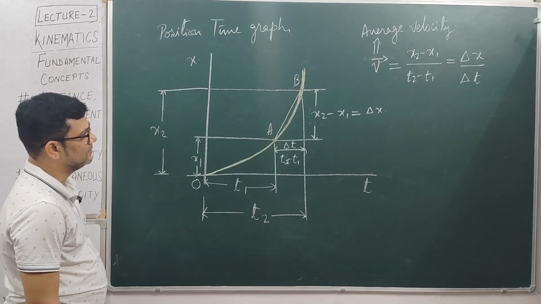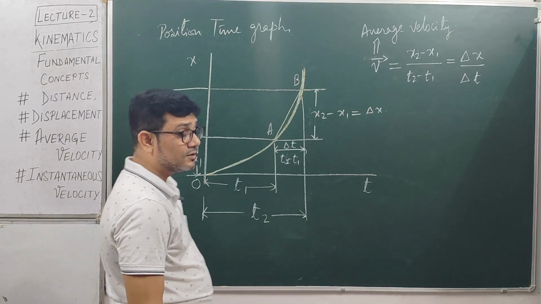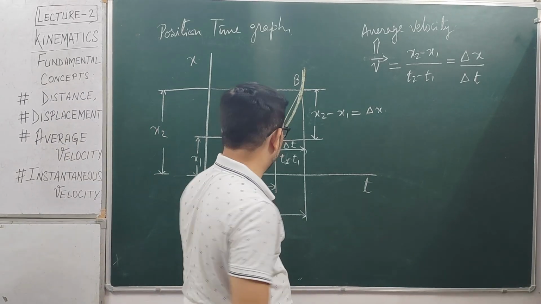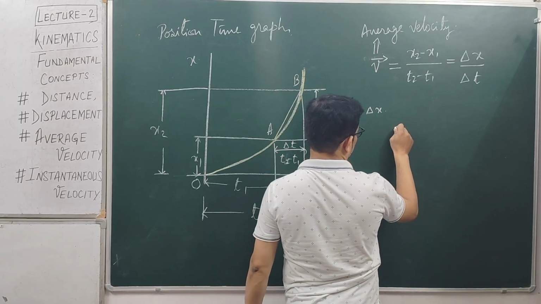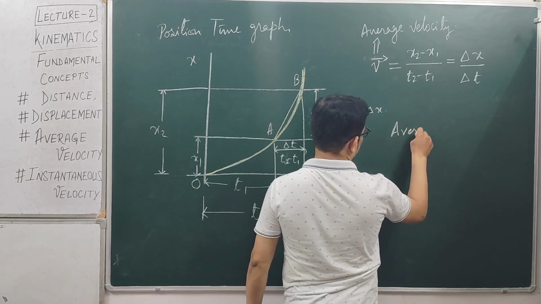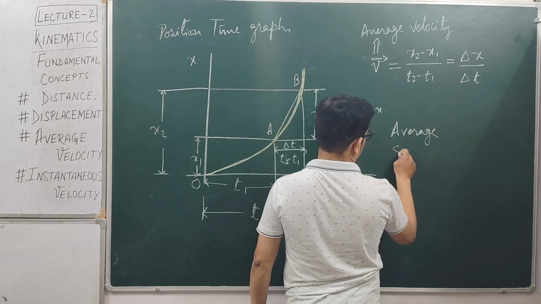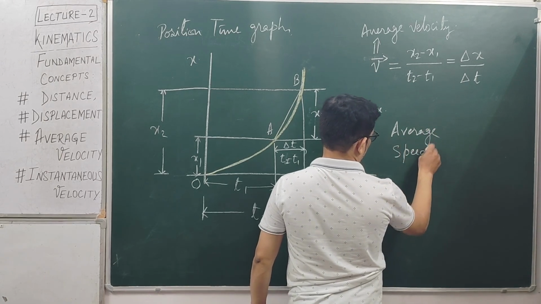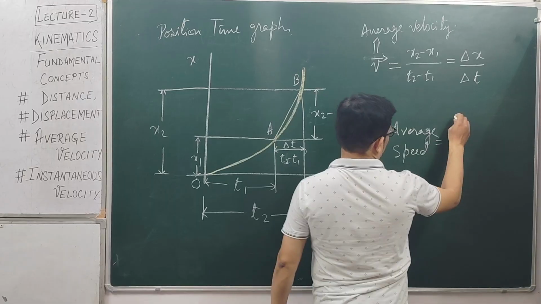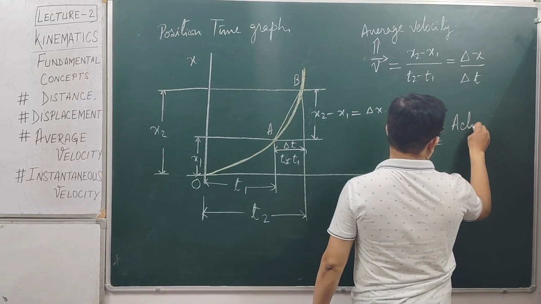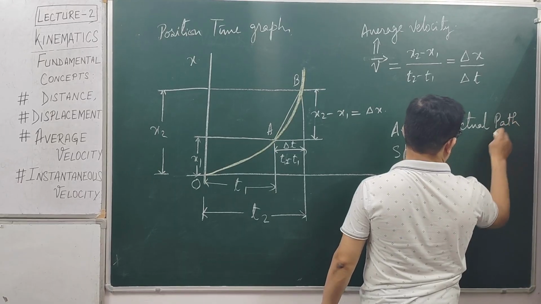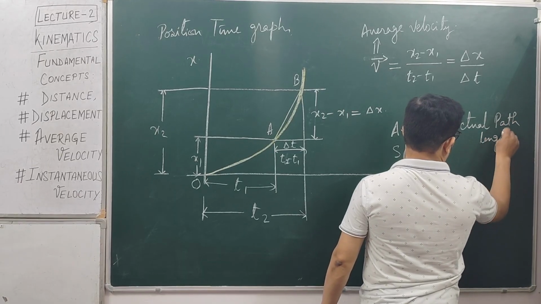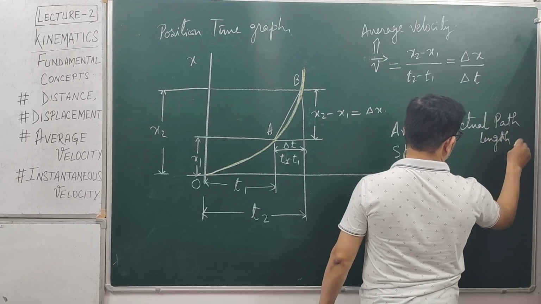Well, having understood this, then what is average speed? If you take the actual length, then we will find average speed. So average speed is defined as actual path length, or the distance. And this is what we call distance.